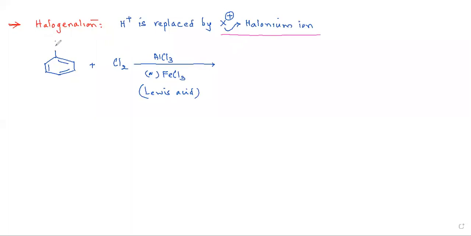Let us take a hydrogen out. Remove a hydrogen along with the chlorine. It's not the authentic mechanism, but only to write the product you can use this. A chlorine here, that of course is chlorobenzene, then HCl.